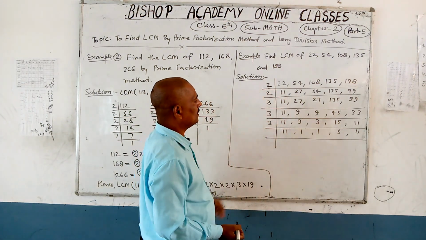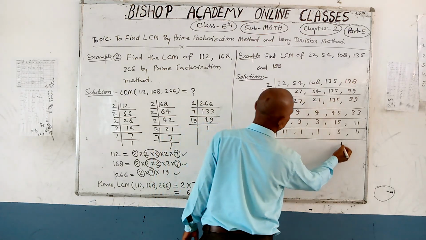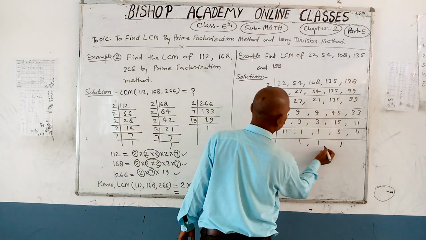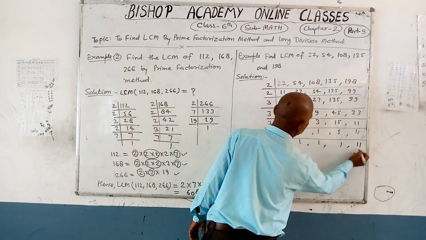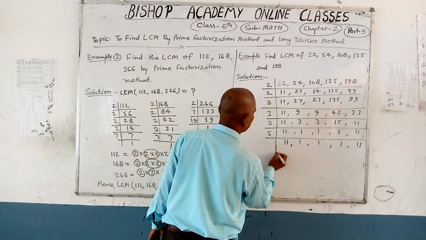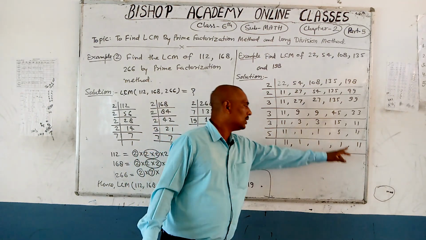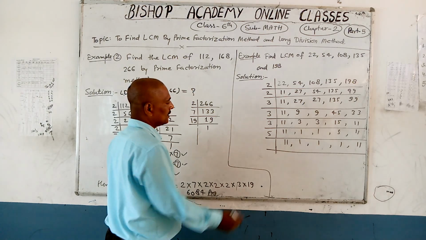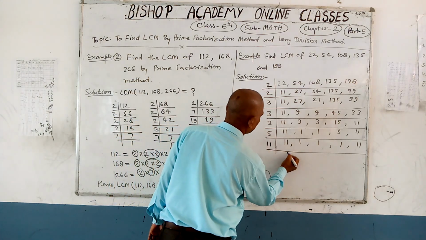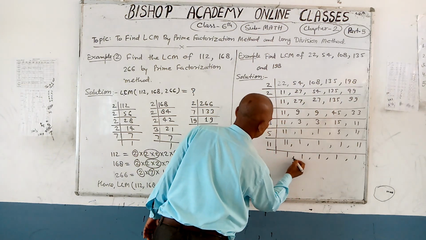Now you can divide this 15 by 5. 5 1 is 5. Take down 11. Here and 11. Take down 11. Now you can see that the remaining is 11 only, and 11 is exactly divisible by 11 only. Take down 1 1 1 1.